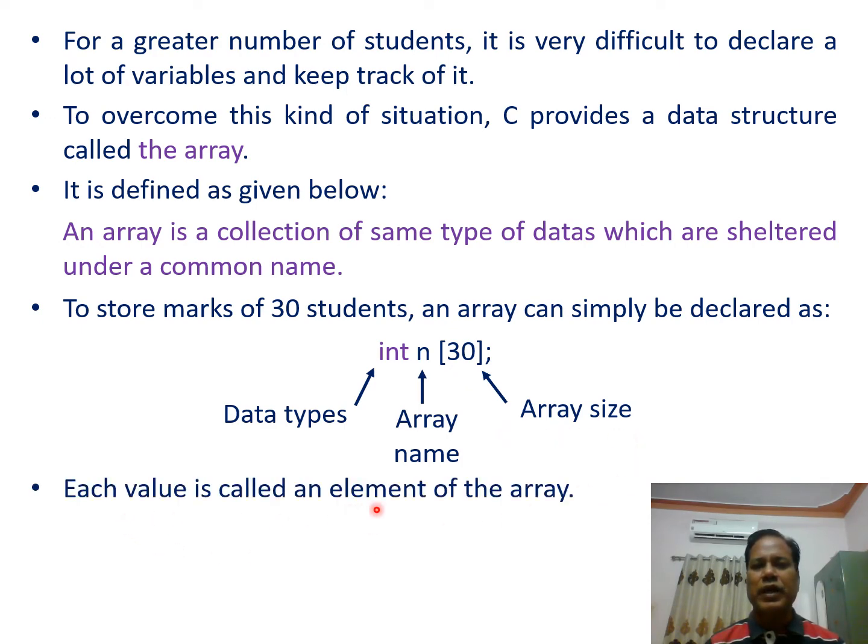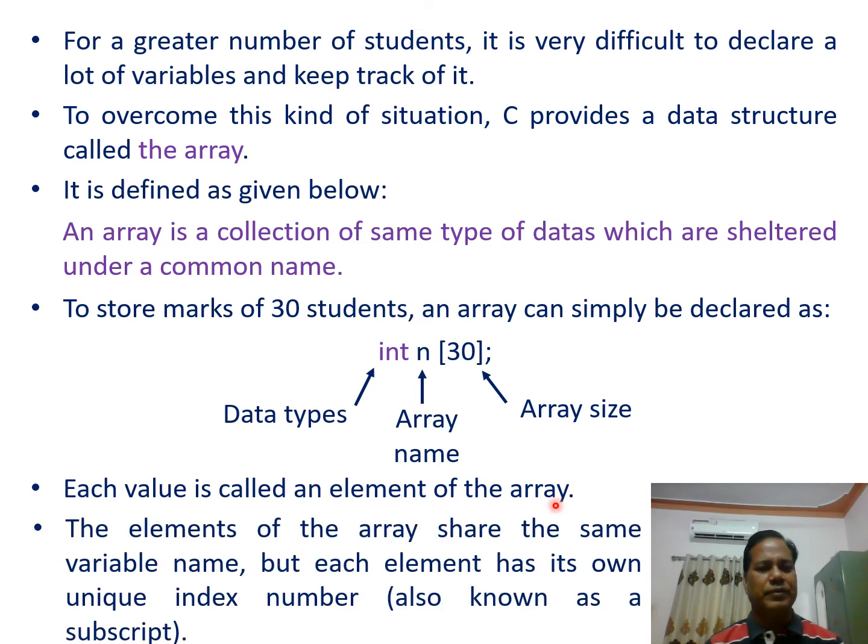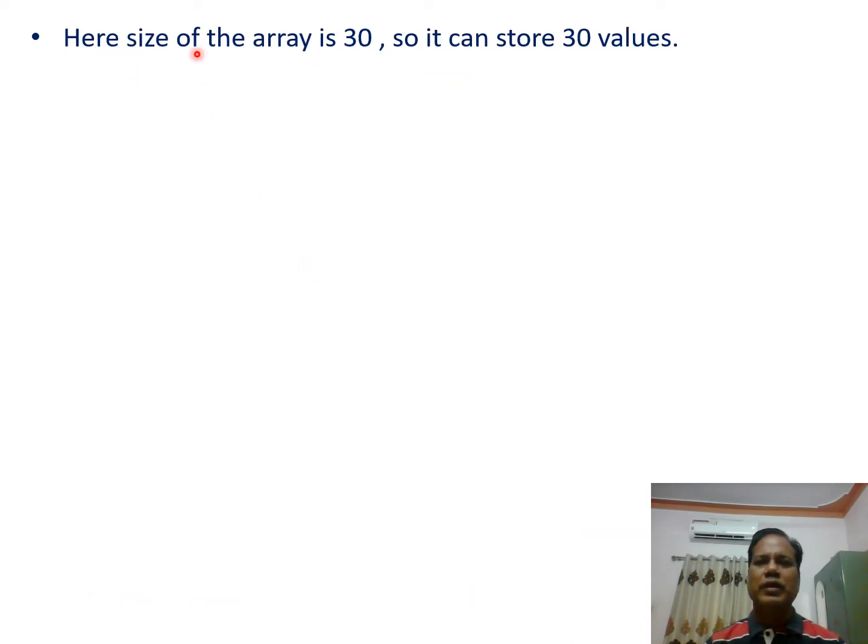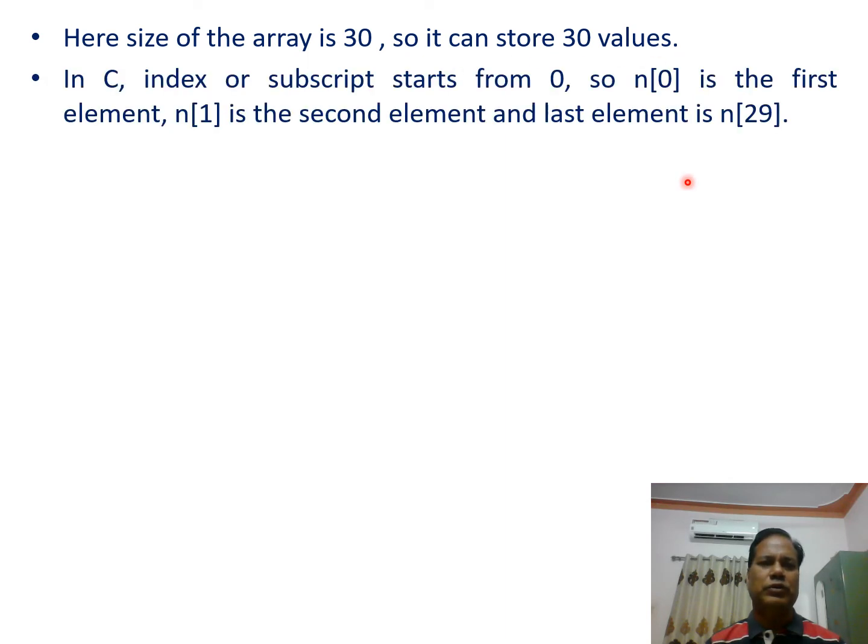Each value is called an element of the array. The elements of the array share the same variable name, but each element has its own unique index number, also known as a subscript. Here the size of the array is 30, so it can store 30 values.